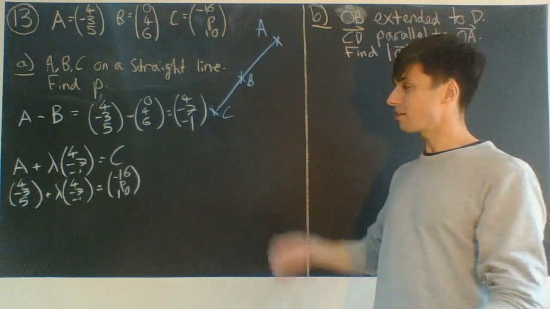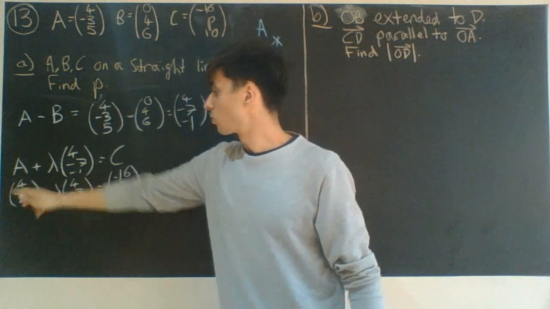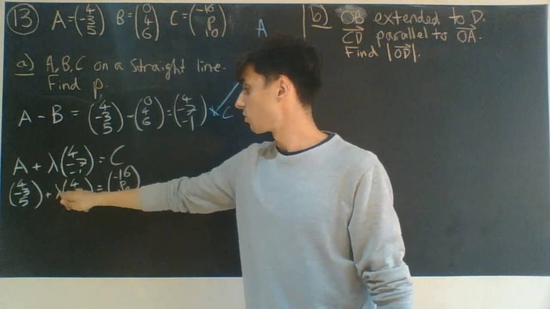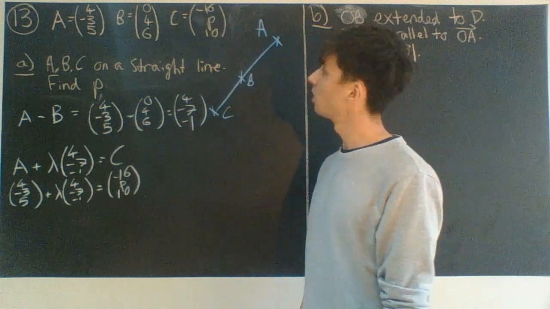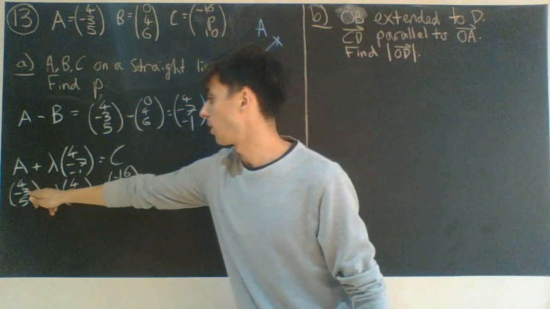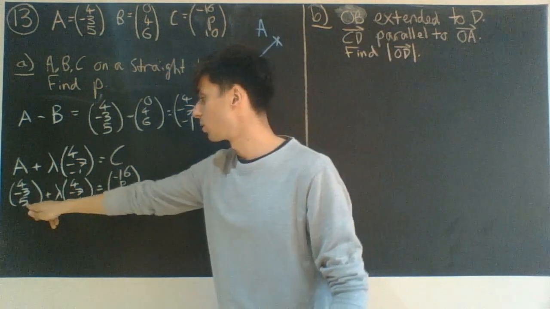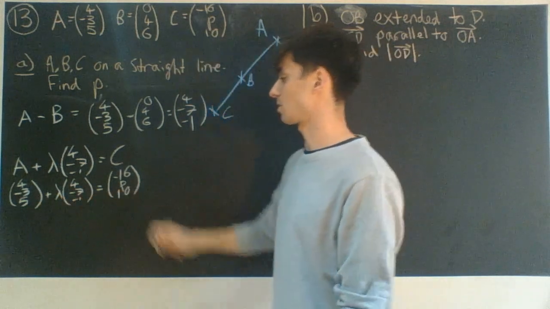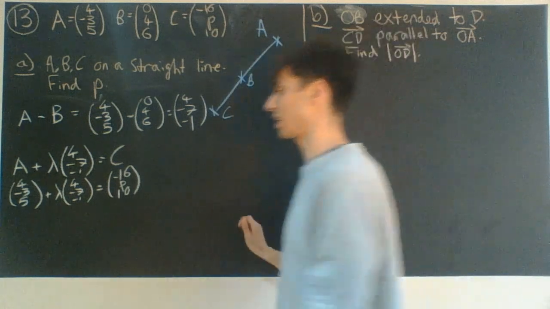Okay, well, we've just been given three equations to use. We've got 4 plus 4 lambda to get -16. And we've also been given -3 minus 7 lambda is P. And we've also got 5 minus lambda equals 10. Let's write those three out just to be really clear.